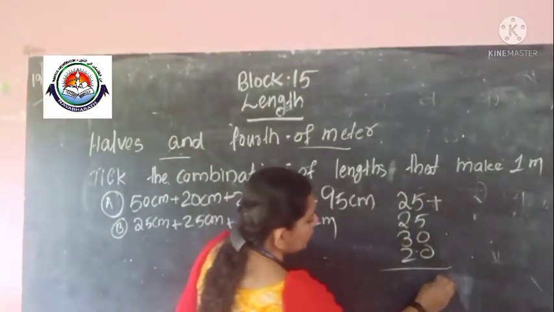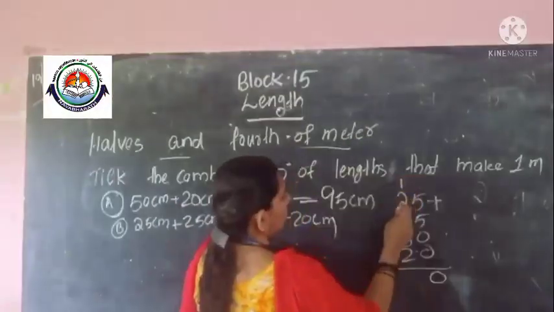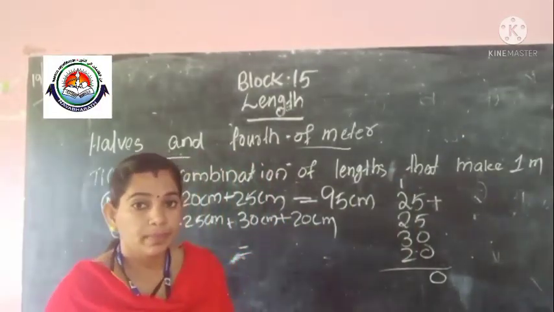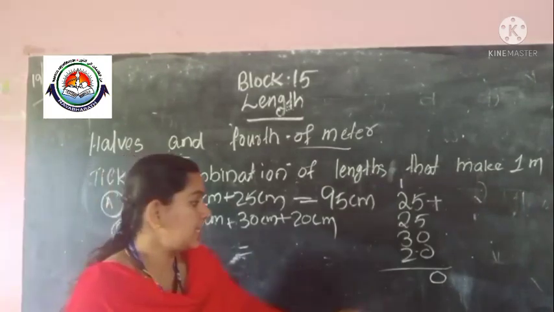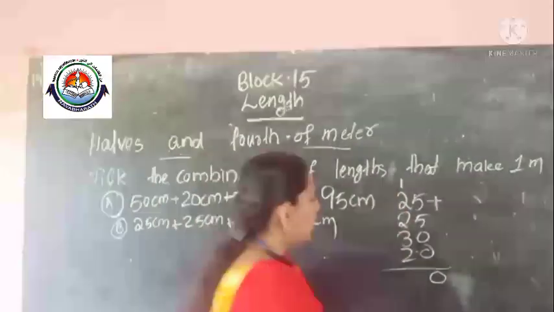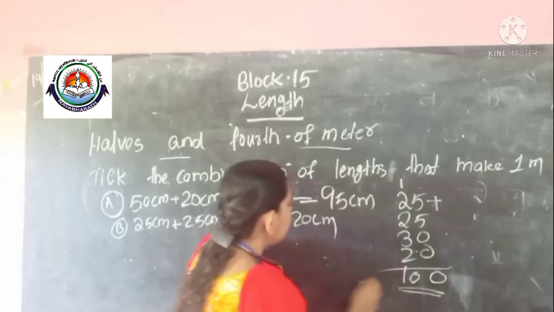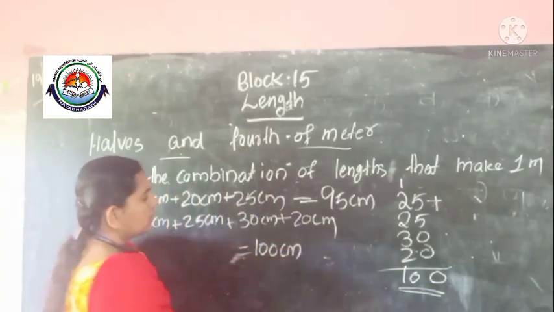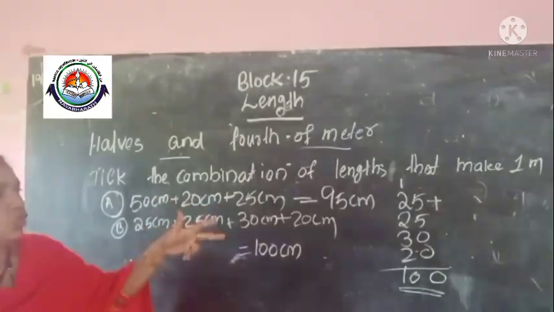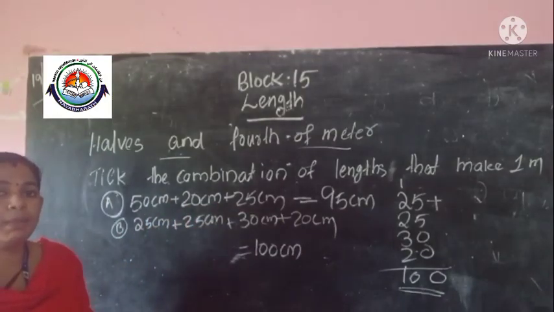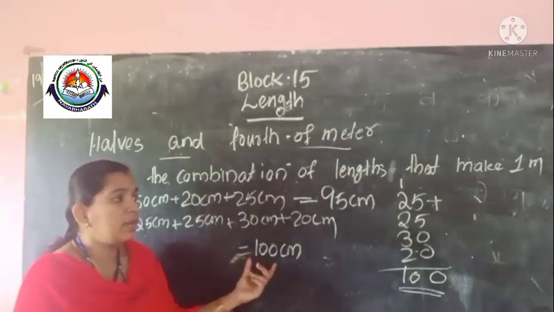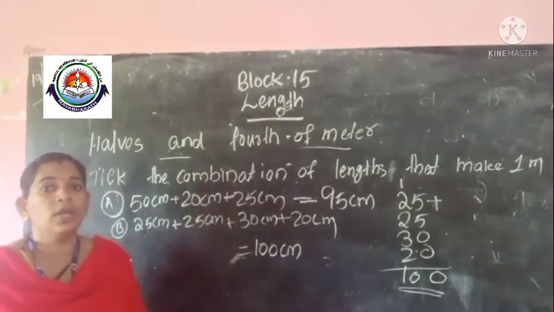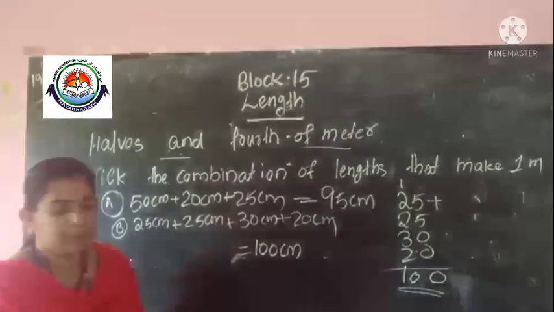So you can write 0 here, 1 as a carry. 2 plus 2, 4. 4 plus 3, yeah, 7. 7 plus 2, 9. 9 plus 1, 10. So you will get 100 centimeter. So which combination is equal to 1 meter? Yes, this. 1 meter is equal to 100 centimeter.